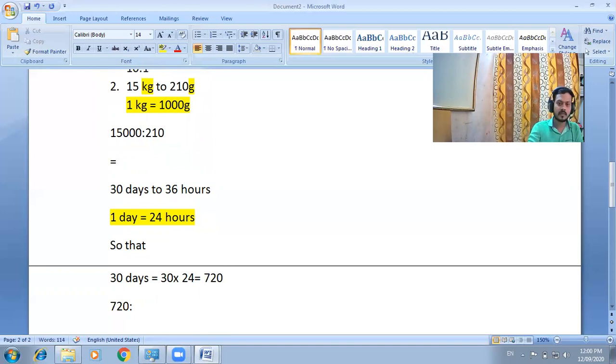So we can simplify our answer: 720 to 36. Both are in the same unit, hours and hours, so hours and hours cancel out. Our answer becomes 36 1s are 36 and 36 2s are 72.